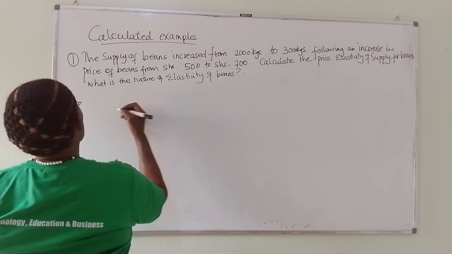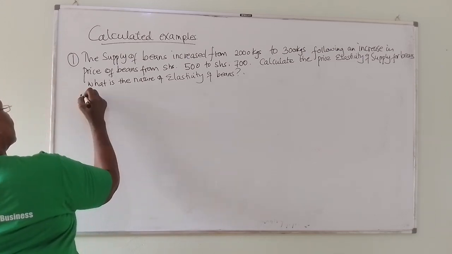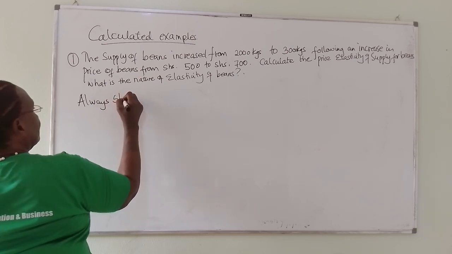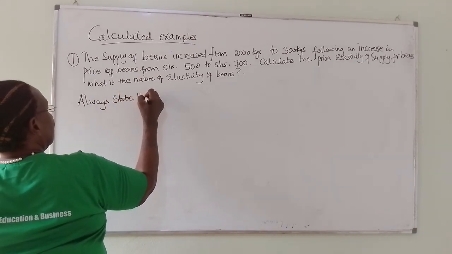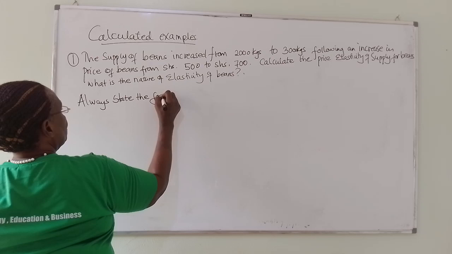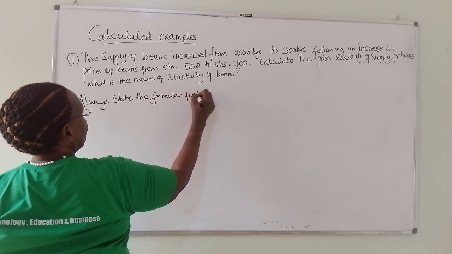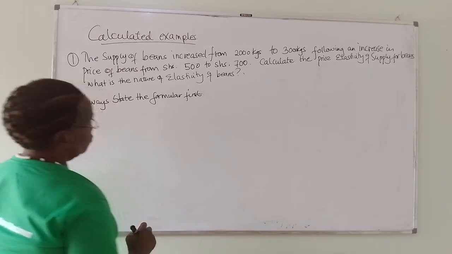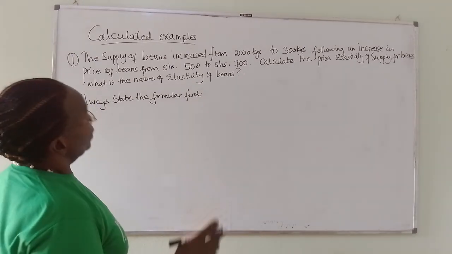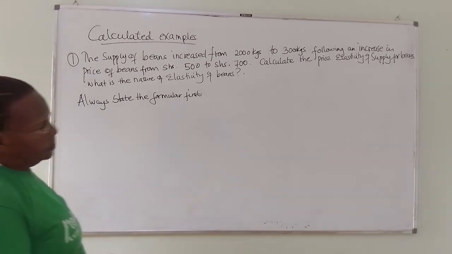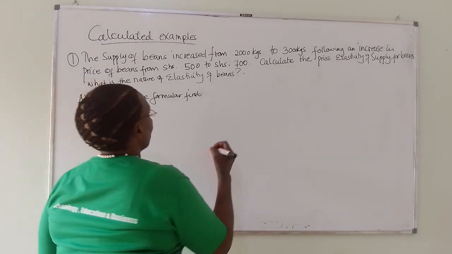Always state your formula first. Why? Because statement of a formula straight away earns you a mark. The moment you state it, you are assured of that mark if it is a correct one.